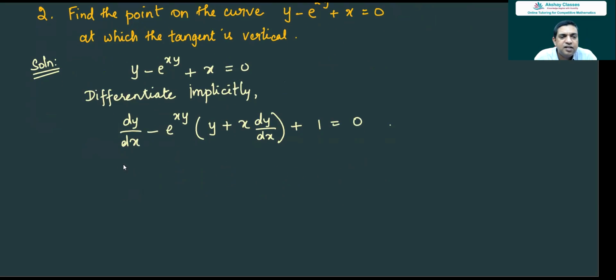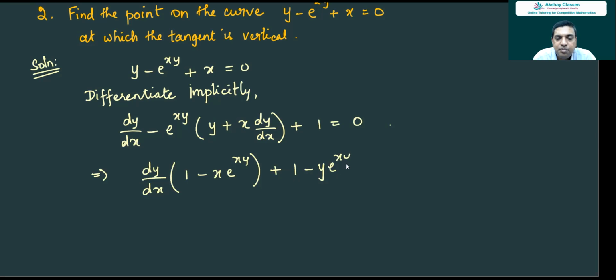Now let us look at this. So collect dy by dx terms. We get 1 minus x e power xy plus 1 minus y e power xy.